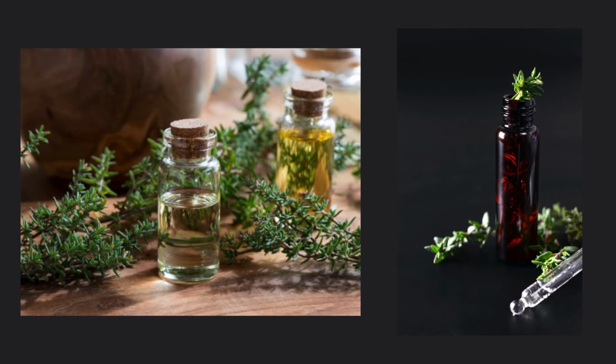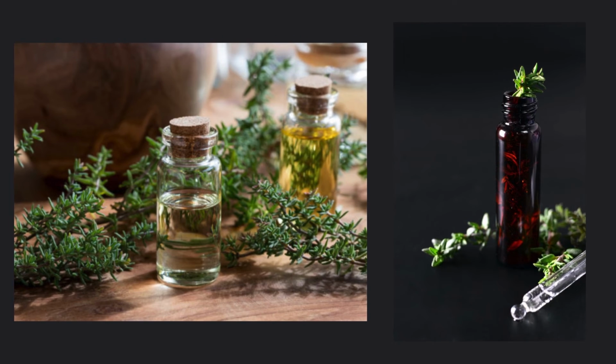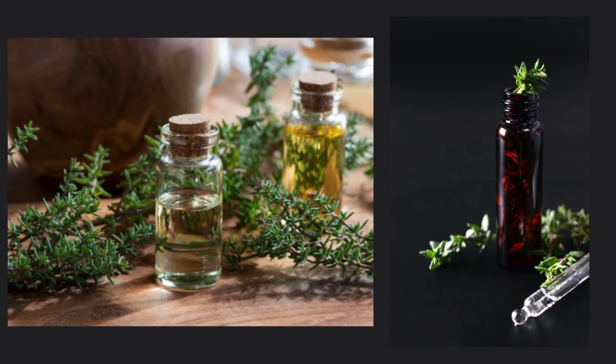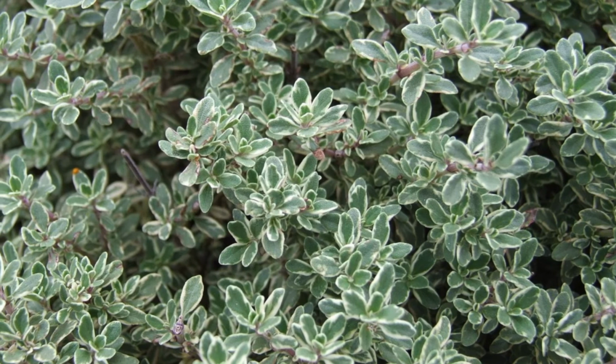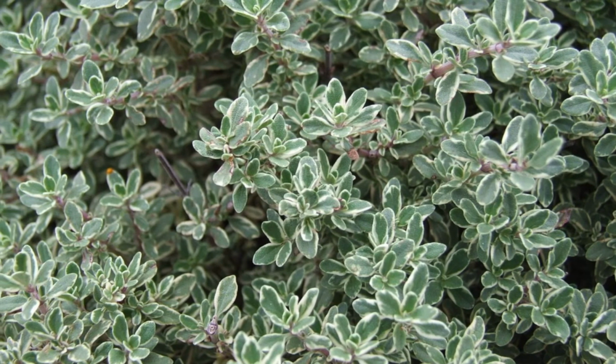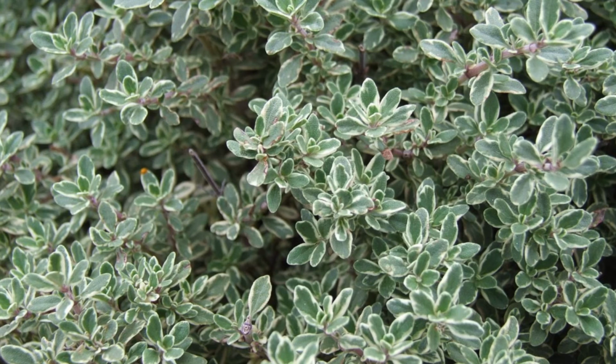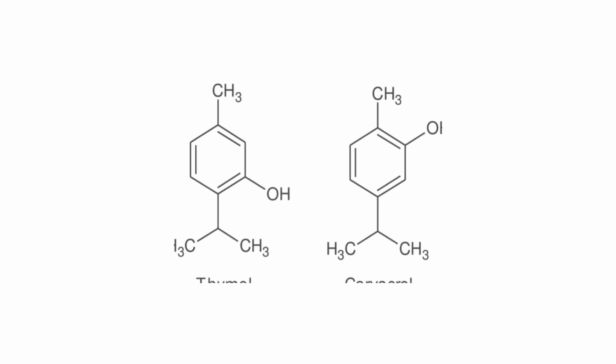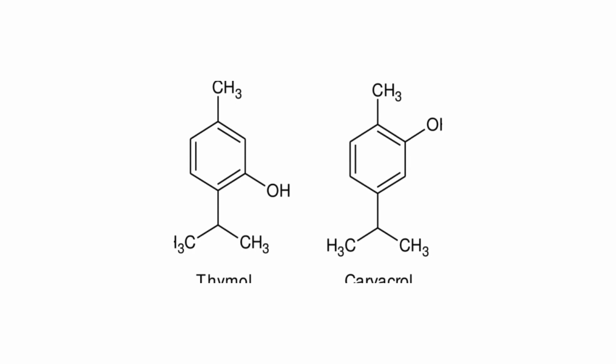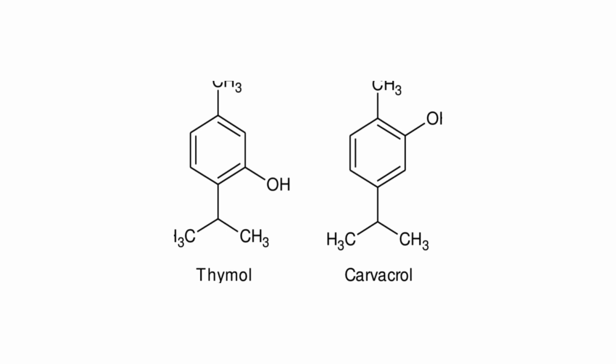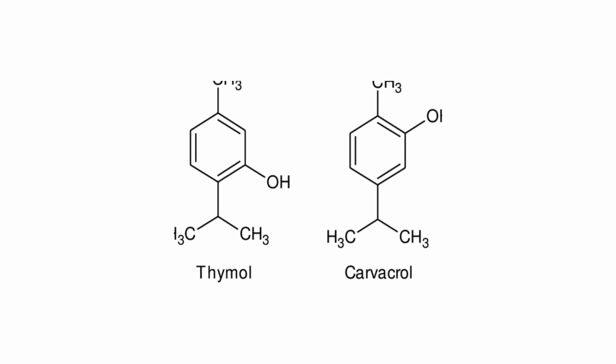And finally, you can manage downy mildew by the use of oils, and one of those oils is thyme oil, which is an essential oil extracted from the herb thyme. It is classified within the essential oils category. It contains active compounds such as thymol and carvacrol, which possess strong antifungal properties.